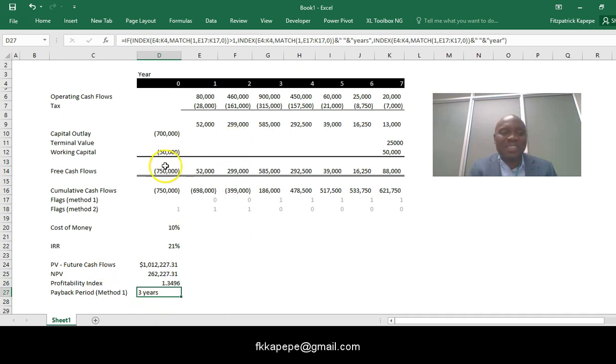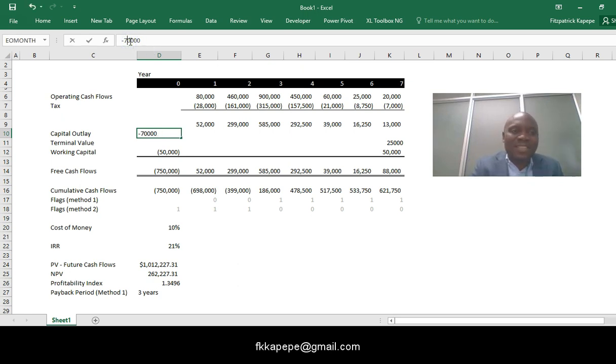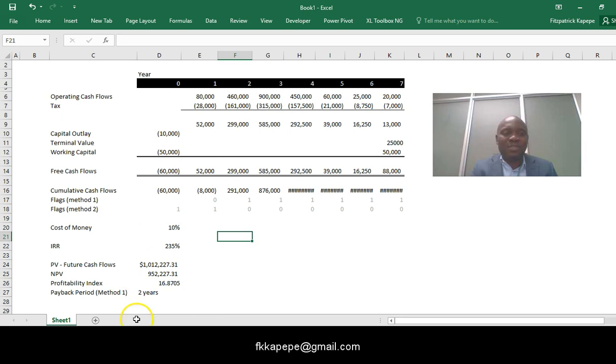If we change this capital outlay to 10,000, you should be able to see 2 years here. If we change this to 1 year, it should show 1 year here. Interesting, isn't it?